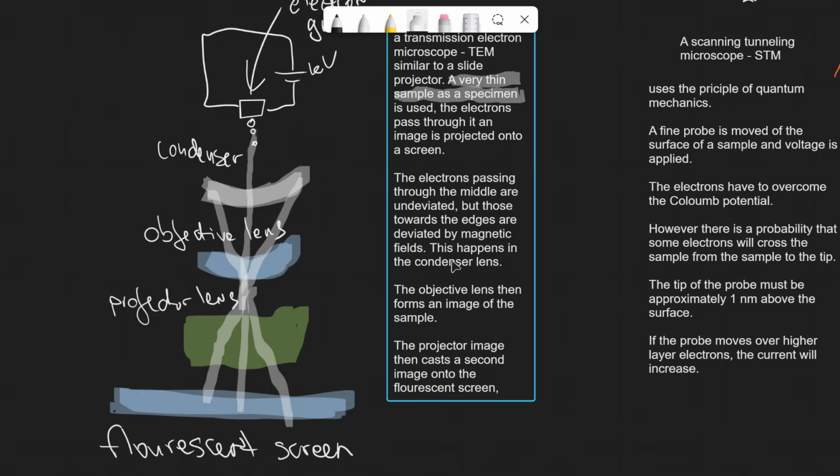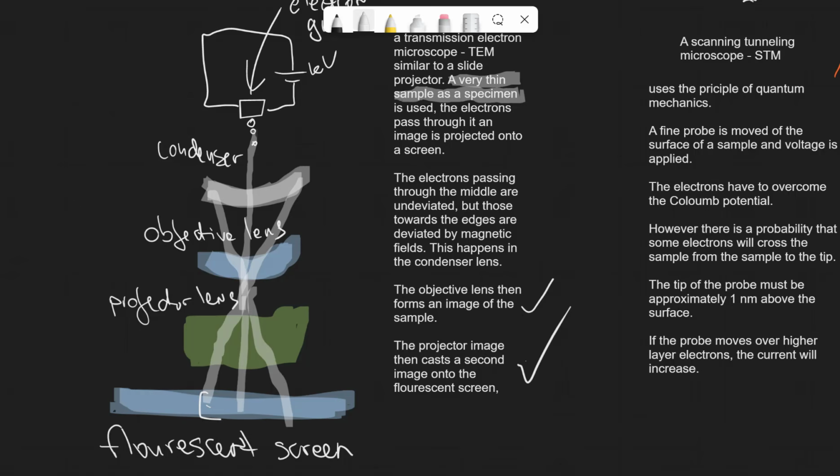So this tends to happen in the condenser lens, and the objective lens then forms an image of the sample. The projector then casts a second image onto the fluorescent screen. And this is one mechanism for the transmission electron microscope, which is very, very popular.